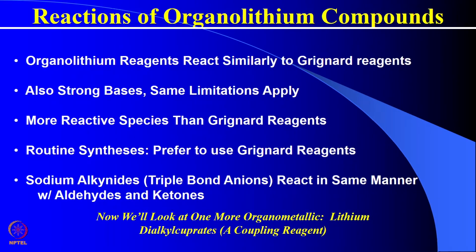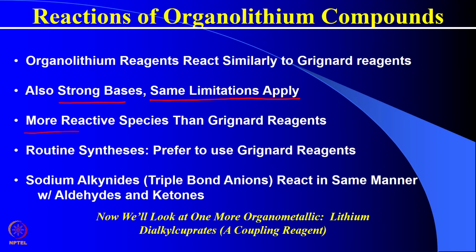Now let us see some of the reactions of organolithium compounds. Organolithium reagents react similarly to Grignard reagents. They are also strong bases and have the same limitations, like they are highly moisture sensitive. Therefore, one has to maintain moisture-free and oxygen-free conditions, and we should use these reagents under a nitrogen atmosphere only.